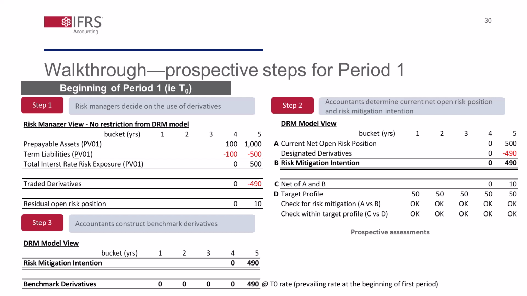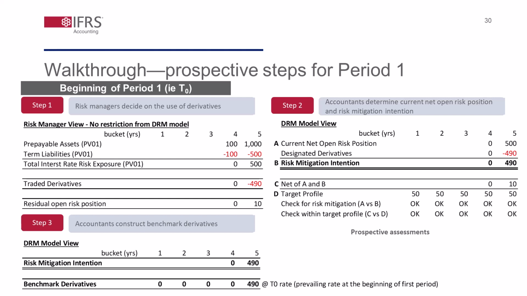In addition, accountants also need to ensure the 2 prospective assessments are fully met, and in our example, mitigating 490 PV01 out of the total PV01 of 500 would help the entity to meet its target profile and does not create any new risks.